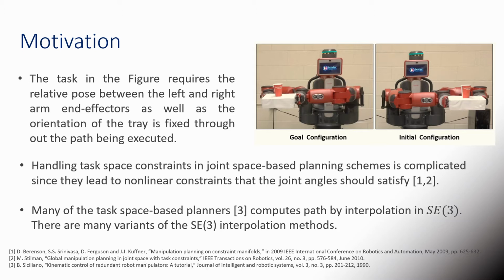In order to take into account both change in position and orientation along the path, some papers consider variants of SE(3) interpolation methods. The goal of this paper is to study motion planning problems with end effector constraints that have to be satisfied during the motion. We show that using the screw linear interpolation method to generate a task-based path naturally satisfies some common task constraints.